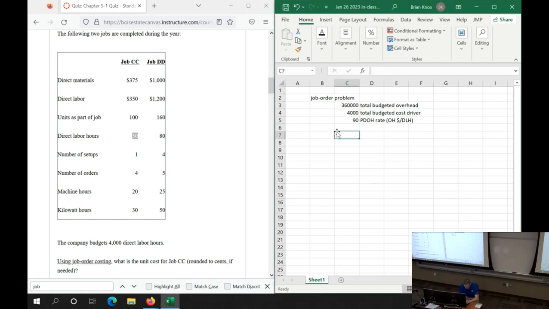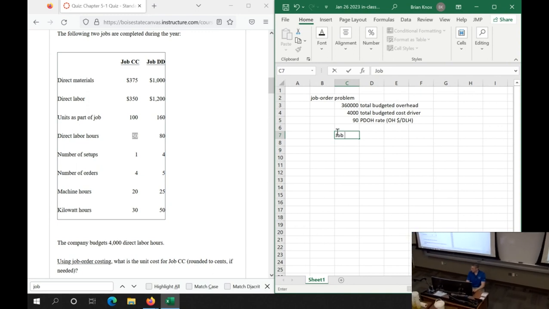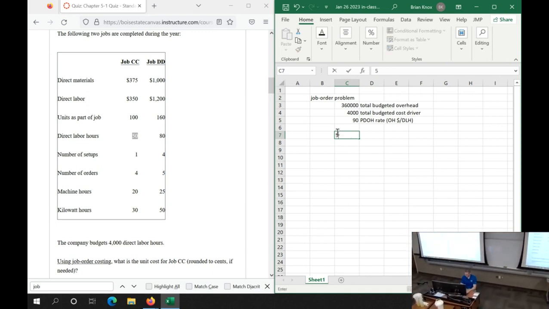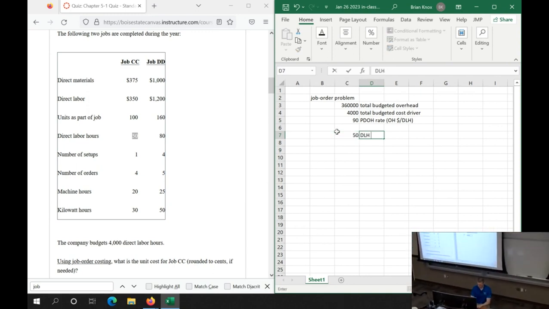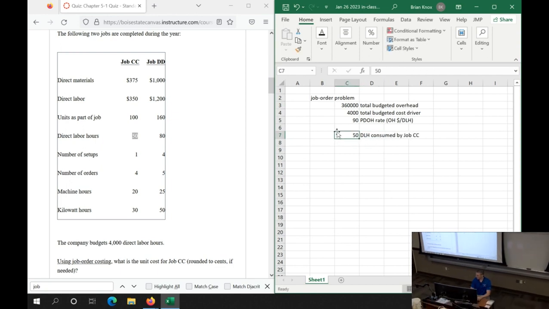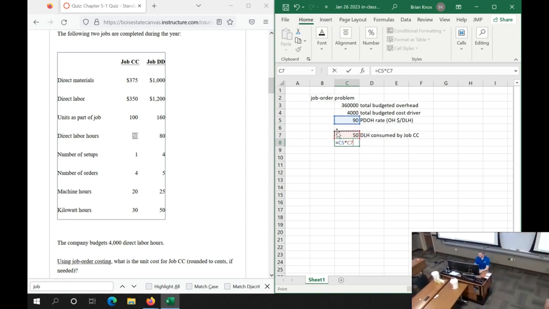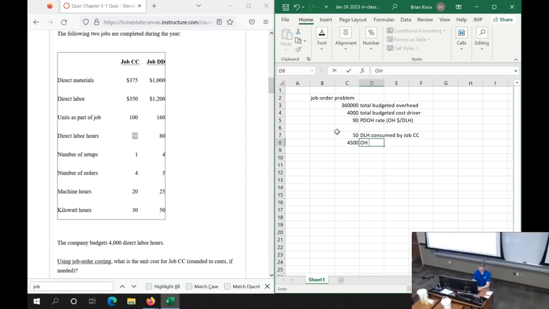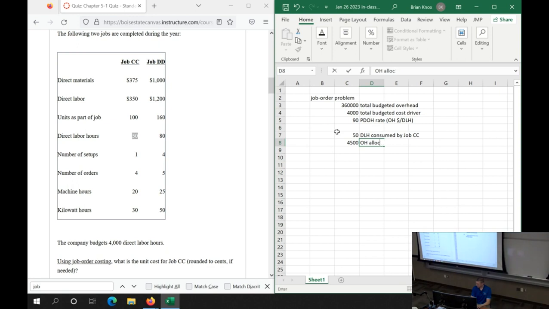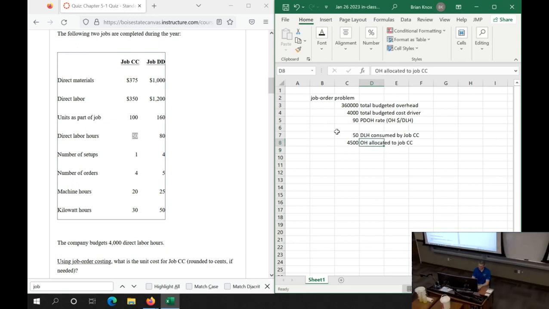So job CC, we'll do 50. This is the consumption of the cost driver times the rate associated with the cost driver gives us allocated or assigned.